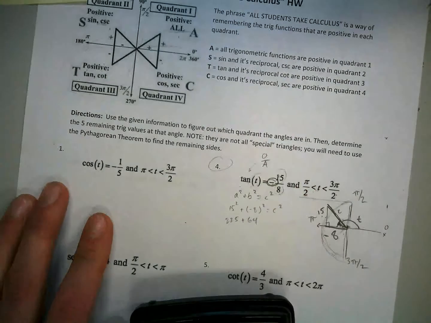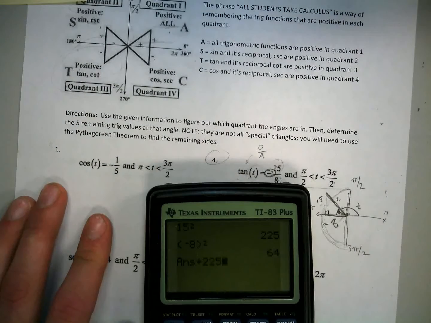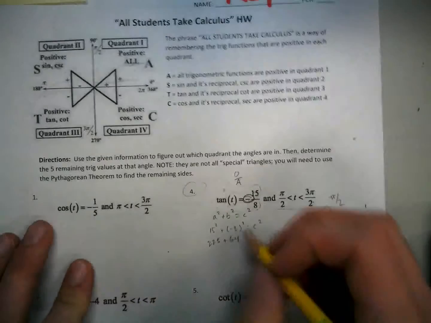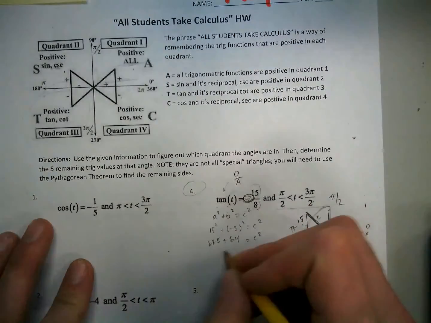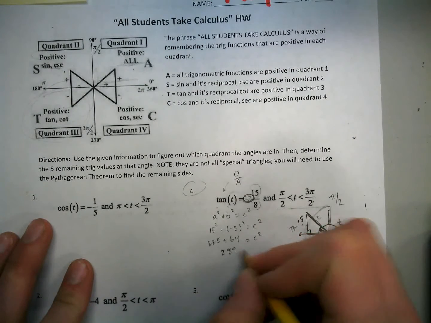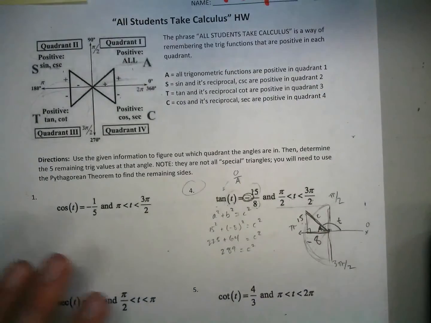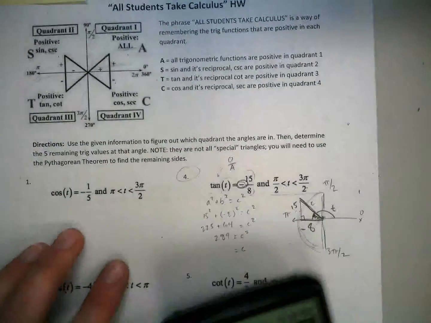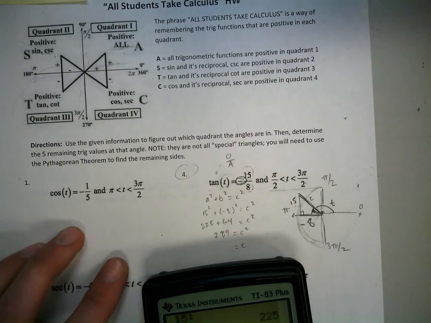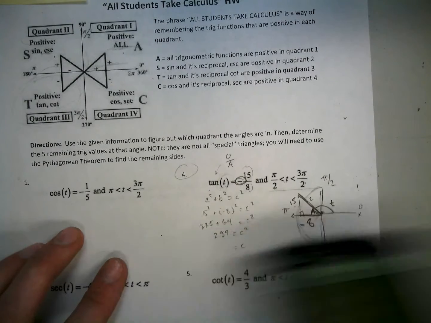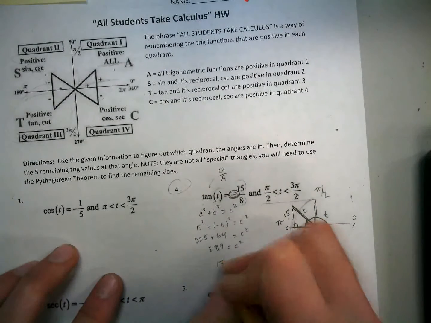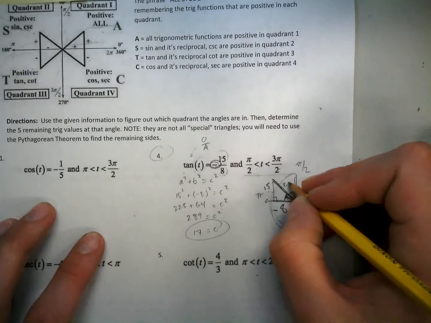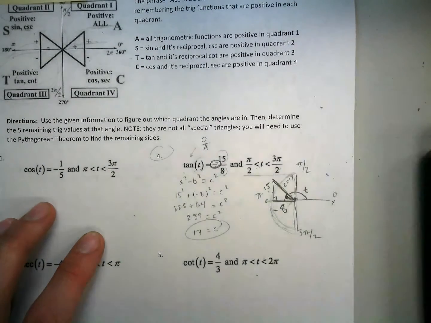So 64 plus 225 gives you 289. So c squared is going to equal 289, which means c has to equal the square root of that. Well, what is the square root of 289? 17. Oh, that worked out nicely. So c equals 17. Let's put that up there. 17.